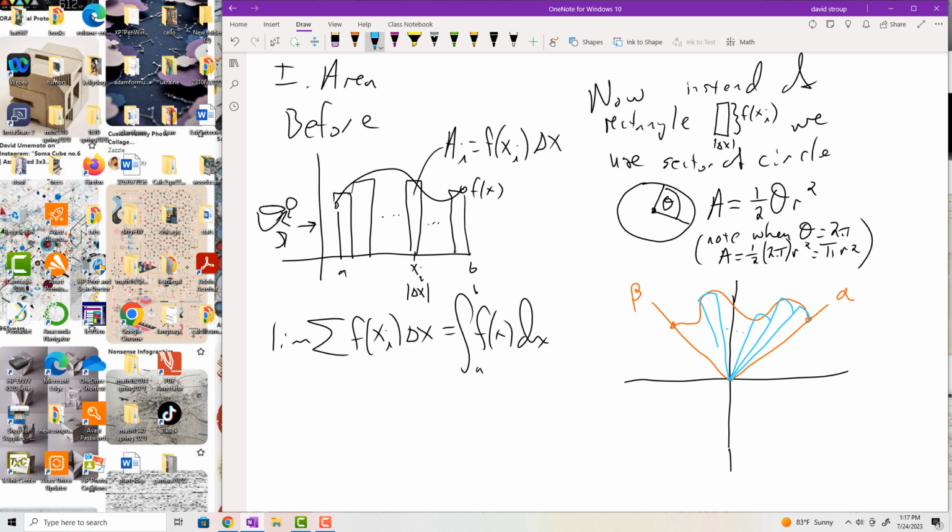We'll go after the formula for this particular one right here, and we could call its area a sub i. This time, the position of a sub i is going to be given by theta sub i.